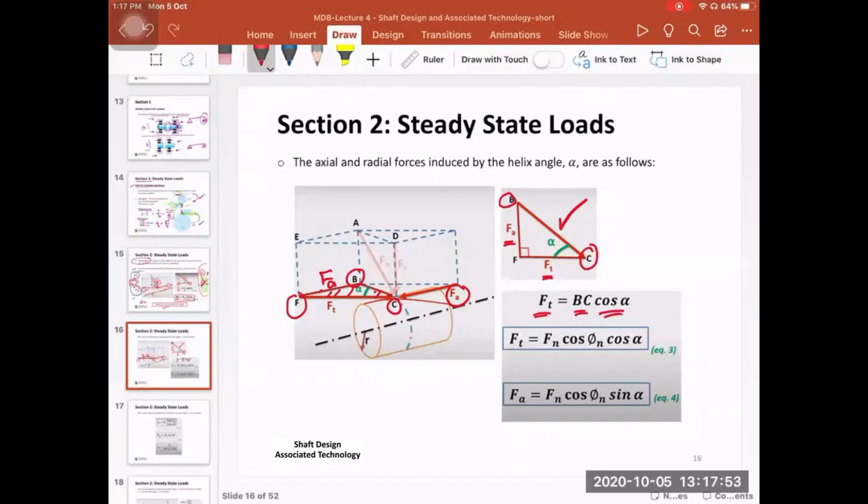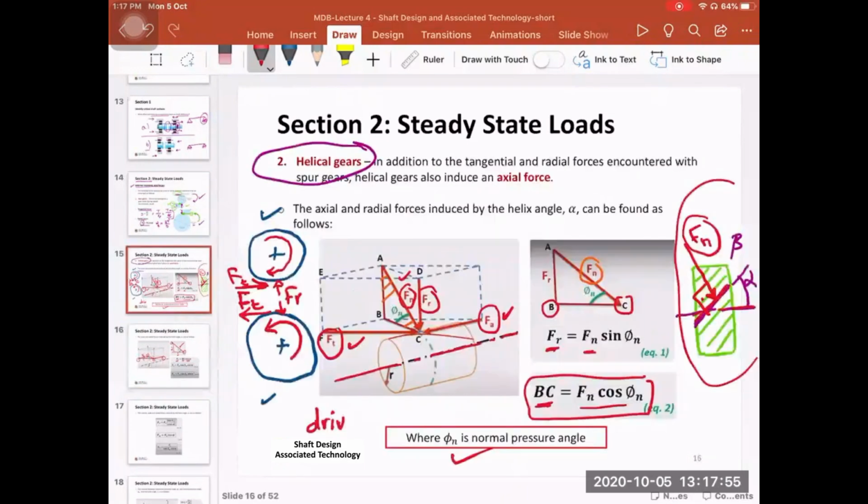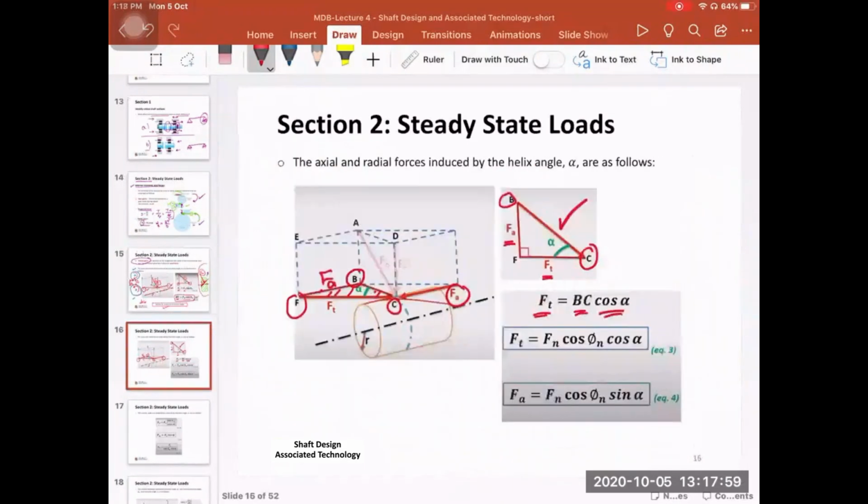And then based on that, we can go back and substitute equation number 2 into equation number 3. We just replace BC by Fn cosine phi n. And then based on this triangle as well, you find that FA is BC sine alpha.